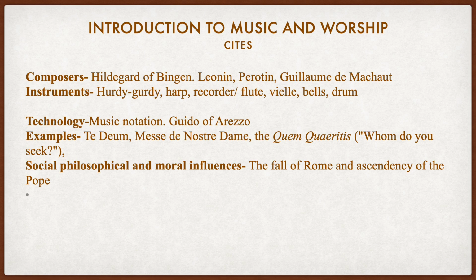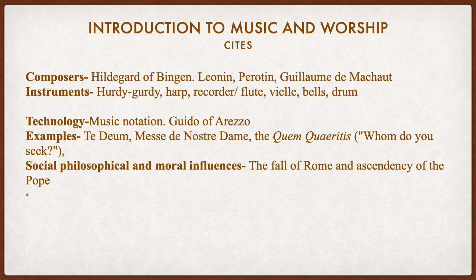Well, let's review our study, the important takeaways from this lesson. The composers are listed here: Hildegard of Bingen, Léonin, Perotin, Guillaume de Machaut. The instruments: the hurdy-gurdy, the harp, the recorder, lots of recorders, by the way, different sizes, the flute, the violin or the vielle, bells, drums.